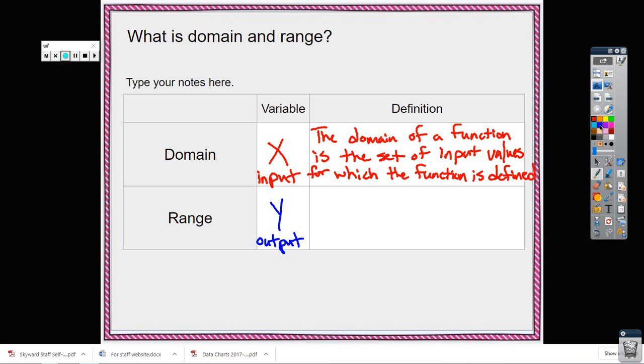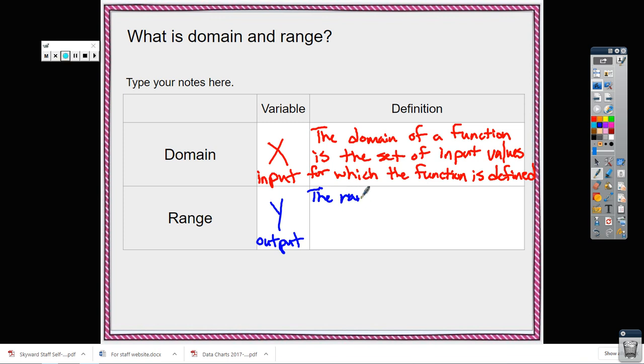Okay, so in other words, any x that can work is going to be part of that domain. Whatever you pick at random, it could be a button you press, it could be numbers you choose, whatever the case may be. Now the range basically has to depend on that number of the domain.